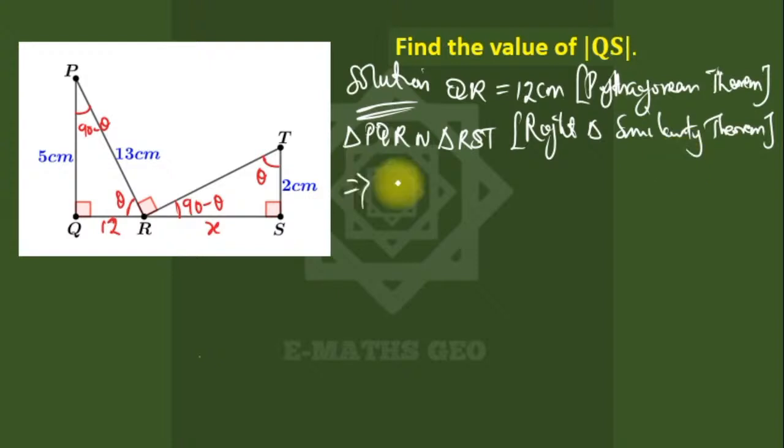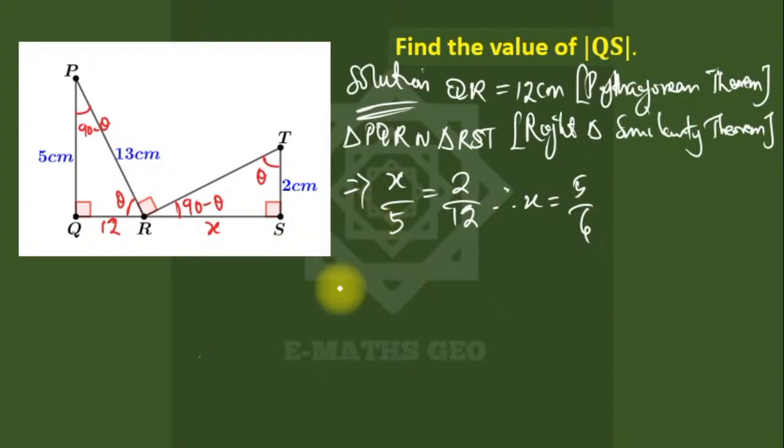We are looking for x, so let's start with that. X is opposite theta. Which one is opposite theta here? 5. So x over 5 equals the other side, which is opposite 90 minus theta. This one is opposite 12. Yes. So this is 1 over 6, therefore x is 5 over 6.